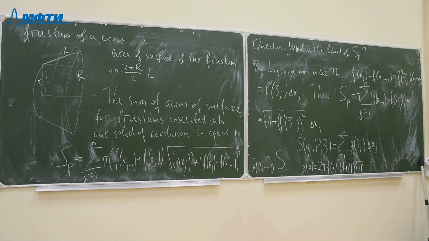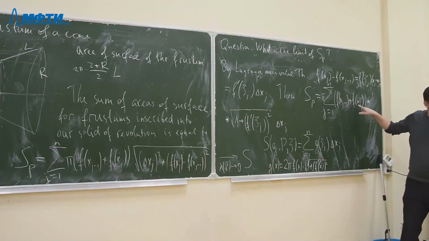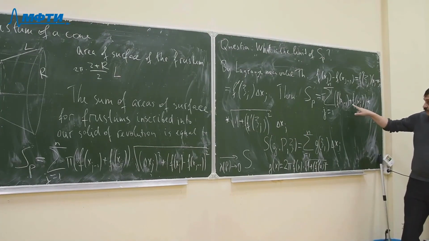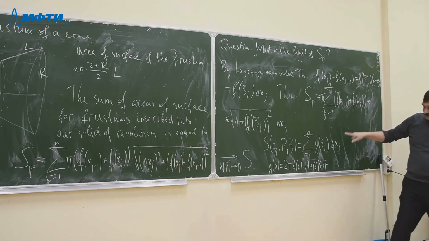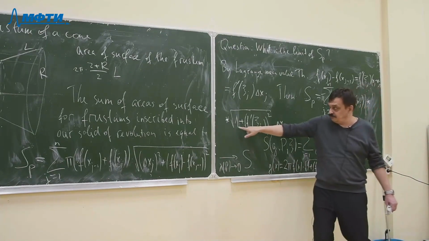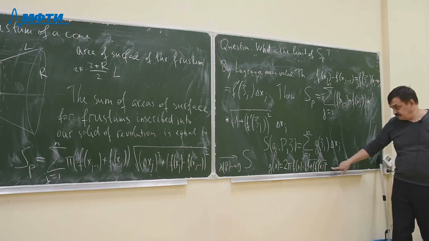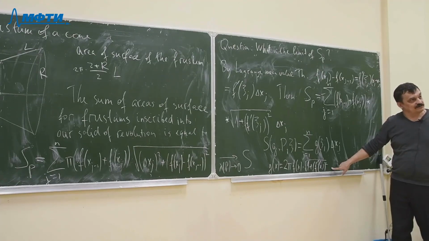Look. Roughly speaking, we replace both xj minus 1 and xj by psi j. If we replace each of them by psi j, then we have 2 times f of psi j, and then the square root of 1 plus f prime of psi j squared. That is how it is obtained, right?